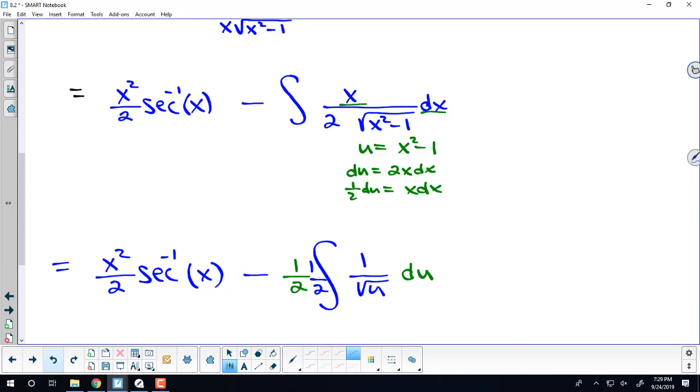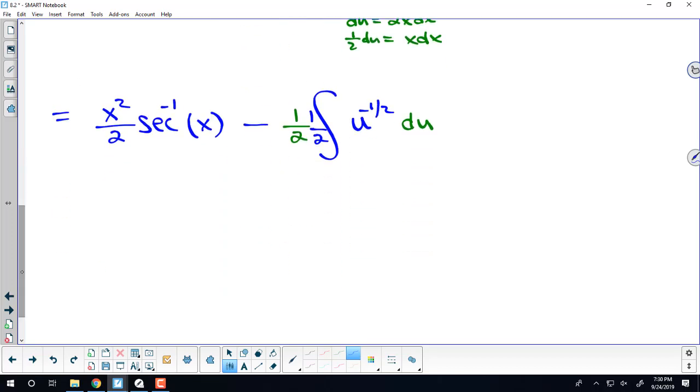So remember the radicals in the numerator or denominator, those are always just powers of x, regardless of what the radical is. So that'll be u to the negative 1/2. So we've got minus 1/4 antiderivative u to the 1/2 divided by 1/2. So that's minus 1/2.